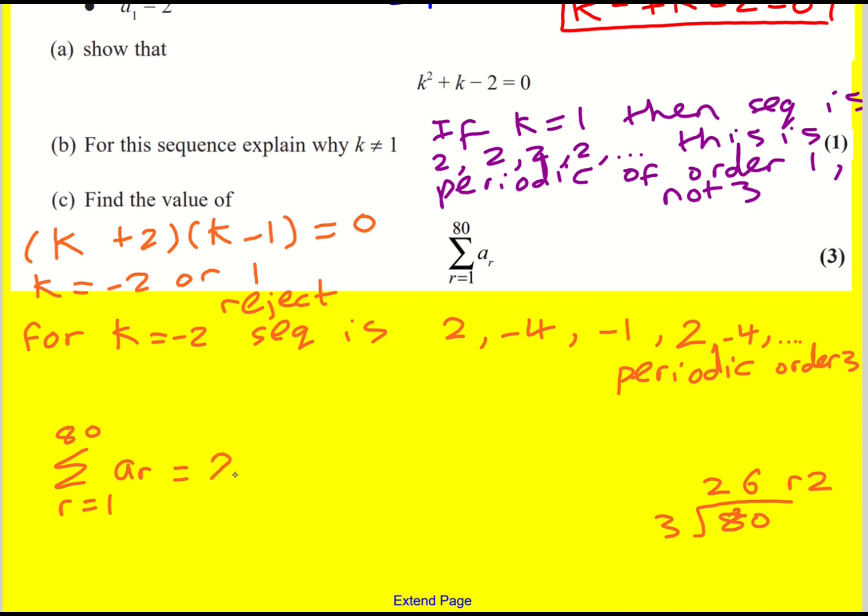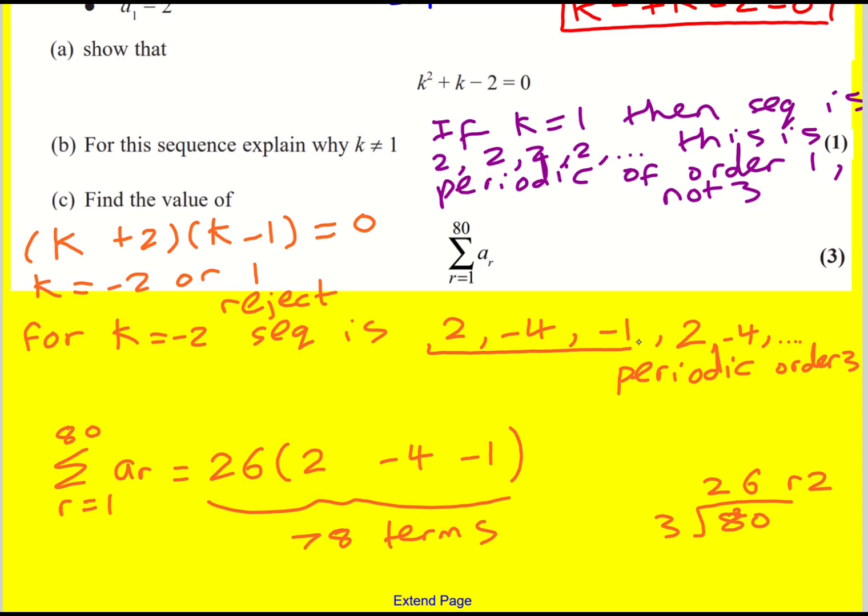So I'm going to get 26 lots of the triples, 2 minus 4 minus 1. So that will give me 78 terms. For example, if I was doing the first 3 terms, I would just add them up. If I was doing the 6 terms, I would just add them up once and times by 2. That's what I'm doing here.